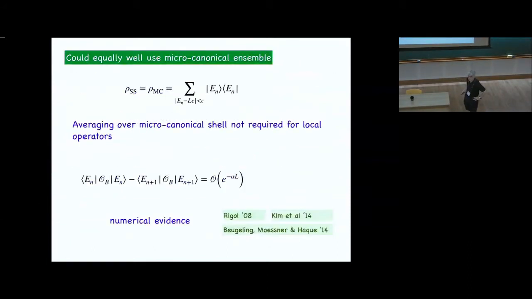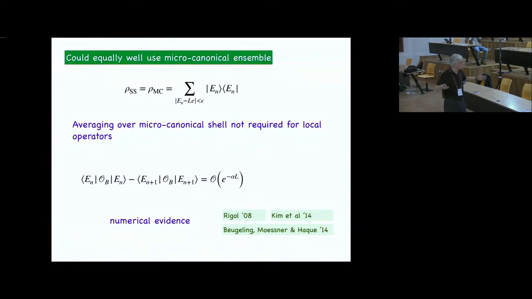When I was talking about this micro-canonical version of the steady-state density matrix, I basically said that the energy eigenstates of local Hamiltonians, so Hamiltonians with local densities, have this very profound and important property: expectation values of local operators in these eigenstates, up to finite-size corrections, don't depend on which energy eigenstates you take in a particular shell. And the same ingredient is also a key ingredient in ETH.